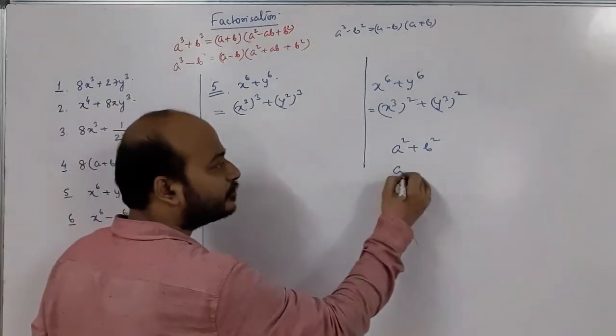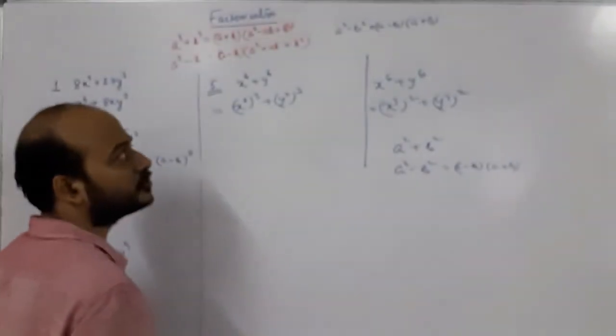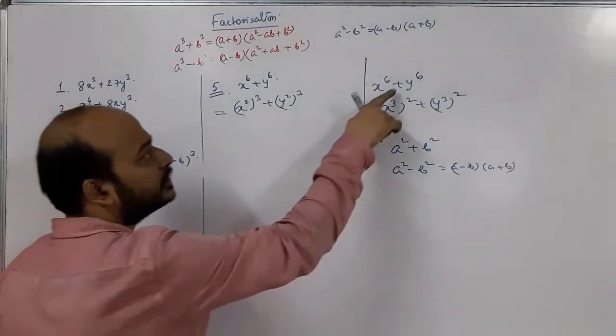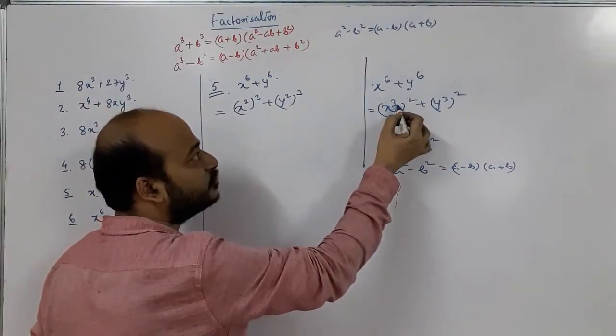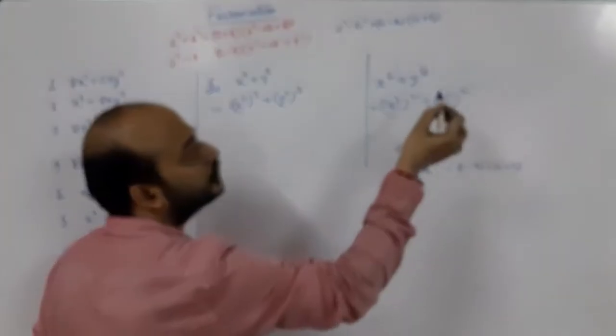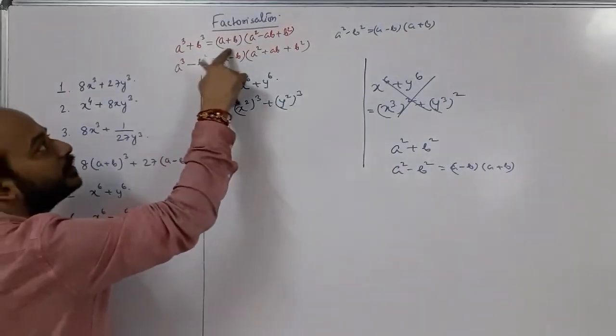Okay, but there is a formula for a square minus b square, that is a minus b, a plus b. So since it is plus, it is of no use breaking into x cube whole square and y cube whole square. It is no point. Okay, so therefore we will not break in this way. We will break into a cube plus b cube so that we can use this formula to factorize it.